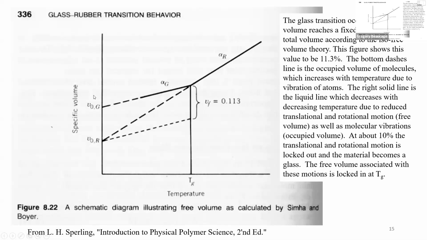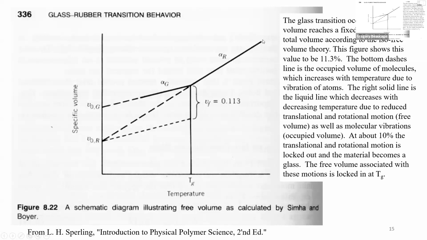Anyway, so the idea is like this. They figured out for polymers, when you make a glass, like a water bottle, one of those clear water bottles is a glassy state, and you can melt it into a melt. So it goes through a glass transition. The change in the amount of free volume in the glass is 11.3%. They figured out that number from positron annihilation.